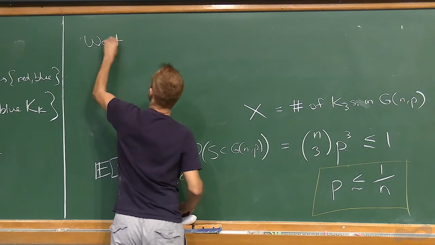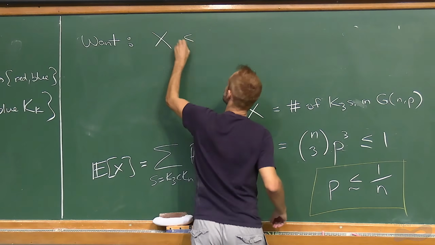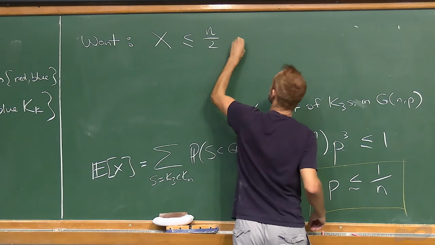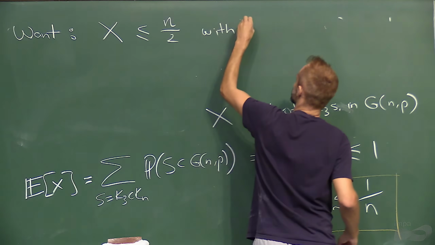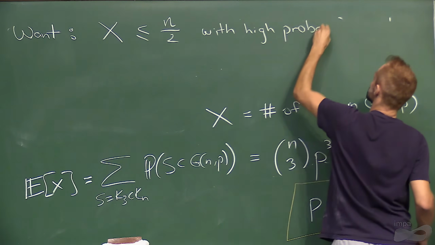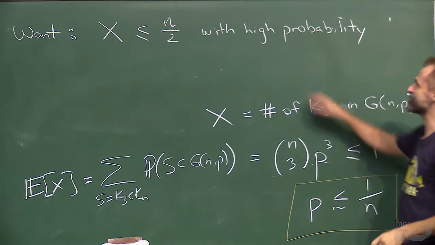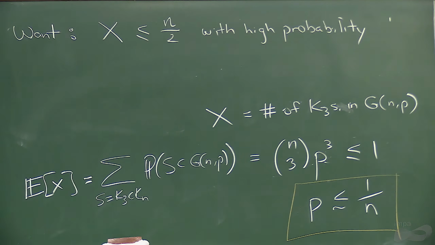Want: X is at most n over 2 with high probability. Sorry, with high probability literally means with probability tending to 1 as n tends to infinity. You can just think of it as with probability close to 1.